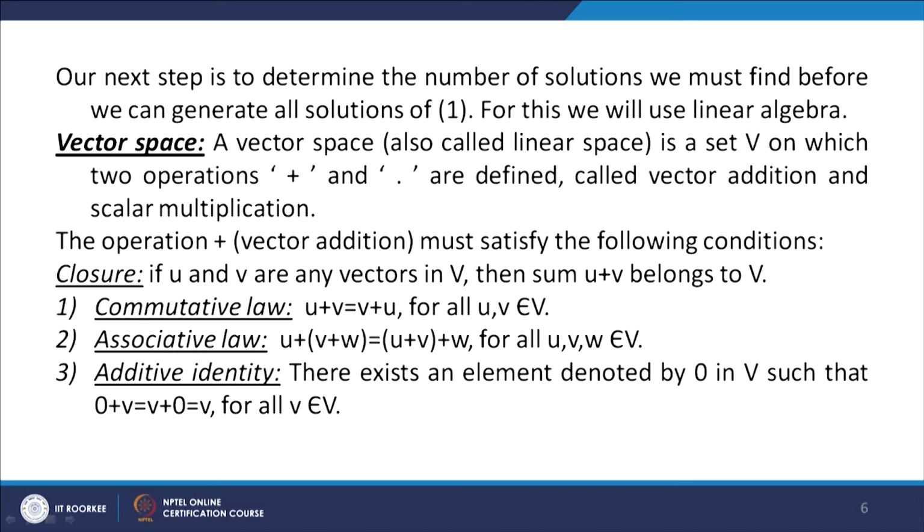Associative law: u plus (v plus w) equals (u plus v) plus w for all u, v, w belonging to V. If u, v, w are solutions of the equation x dot equal to Ax, then this associative law is also clear. Now additive identity: there exists an element denoted by 0 in V such that v plus 0 equals 0 plus v equals v for all v belonging to V. Here the additive identity in the space of all solutions of the system x dot equal to Ax is the zero solution, that is, x(t) equal to 0, 0, 0, 0.